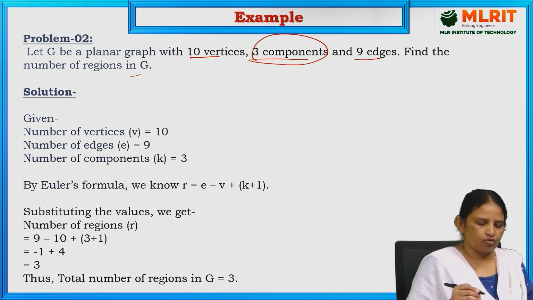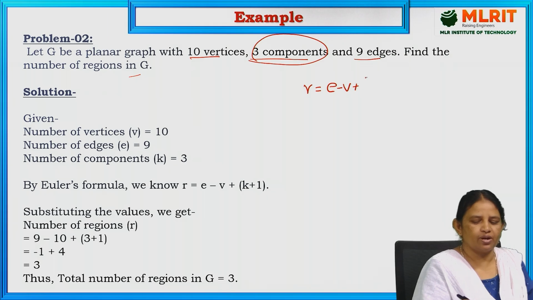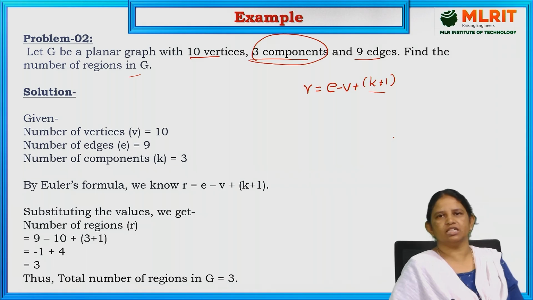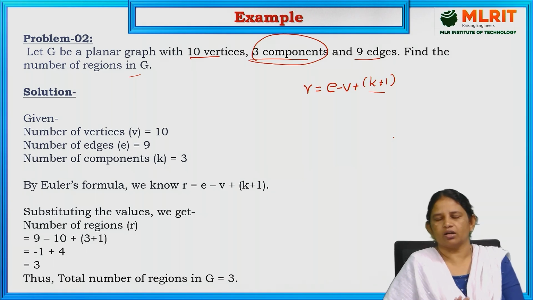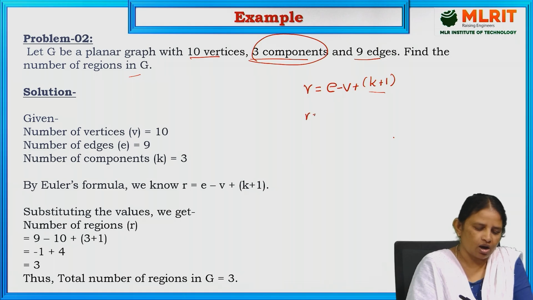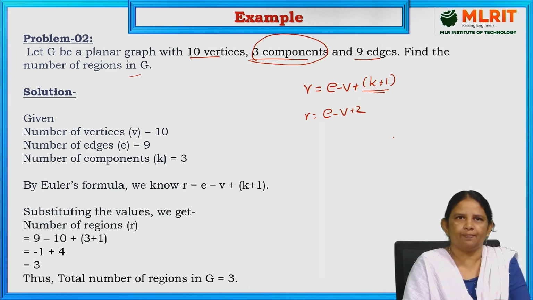There is a separate formula: R equal to E minus V plus K plus 1. If K components are given, we apply this formula. If the number of components is not given, we directly apply R equal to E minus V plus 2. If K components are given, you have to apply K plus 1.